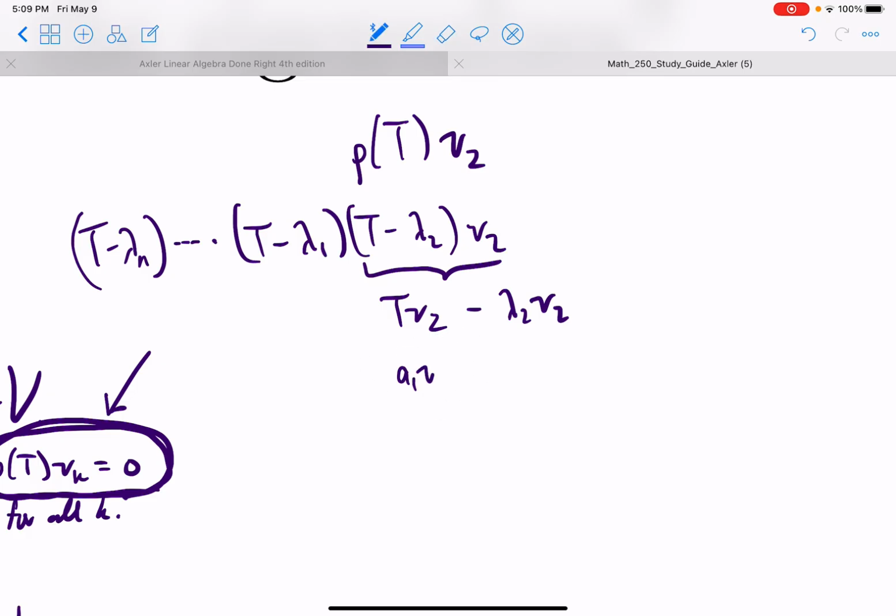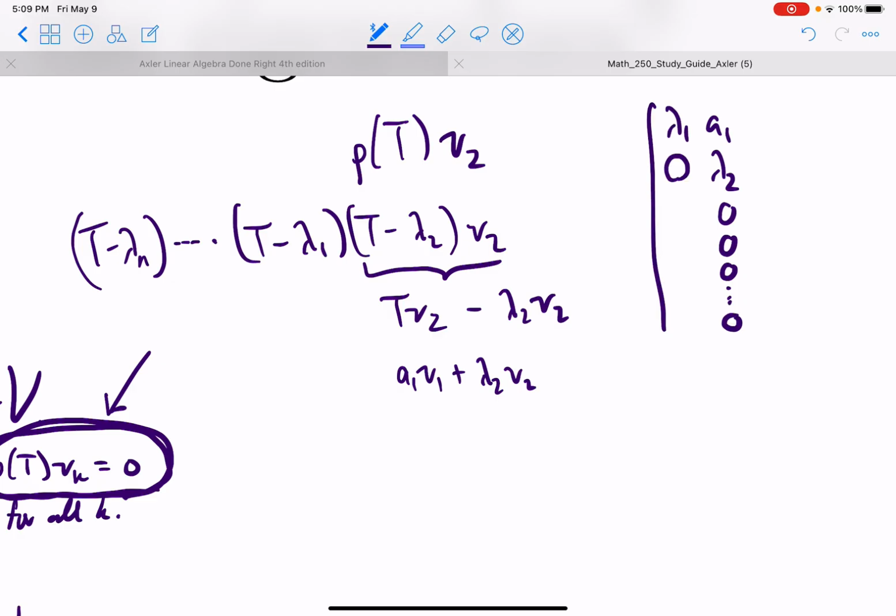T v2 is some number a1 v1 plus lambda 2 v2, because the matrix of the linear operator looks like this in the second column. Right, we have possibly a non-zero entry there. It's just in the span of v1, v2, so we could have something there. And then we'll do lambda 2 v2.